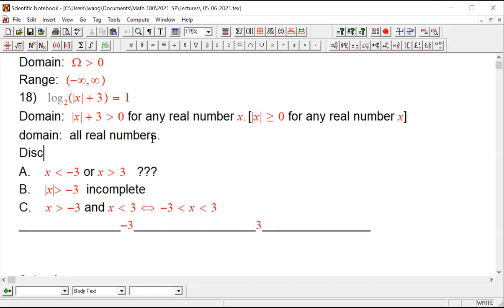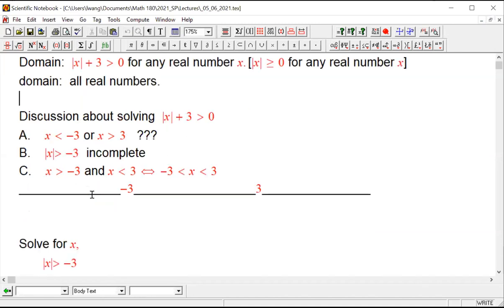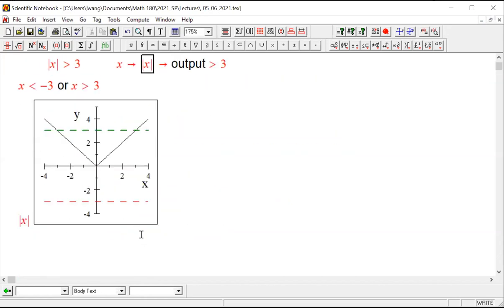This is a discussion about solving that inequality, and how it is connected to what we've done before. Solving inequalities involving absolute value. I hope this is helpful because we've done similar things before. And how do you make connections with those basic things?